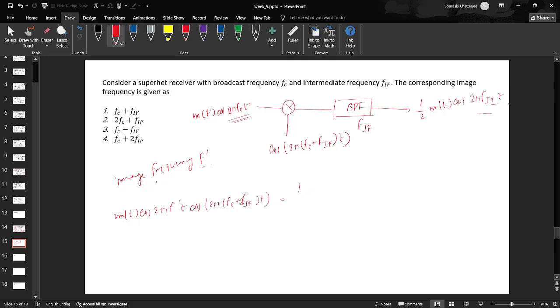So this is going to be divided into two parts, of course. One is cos 2 pi (fc plus fif plus f dash) t. Another is cos 2 pi (f dash minus fc minus fif) t.